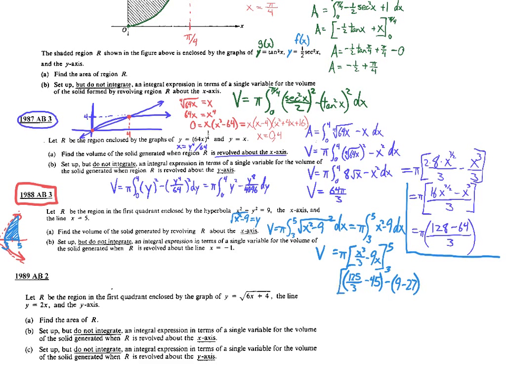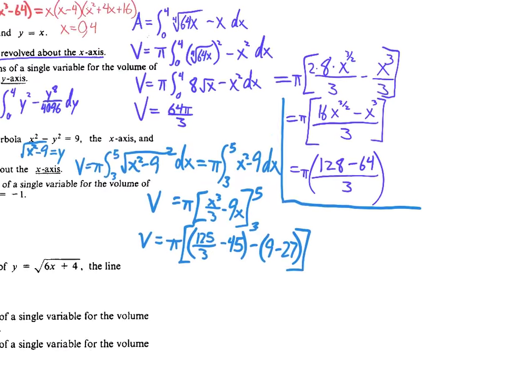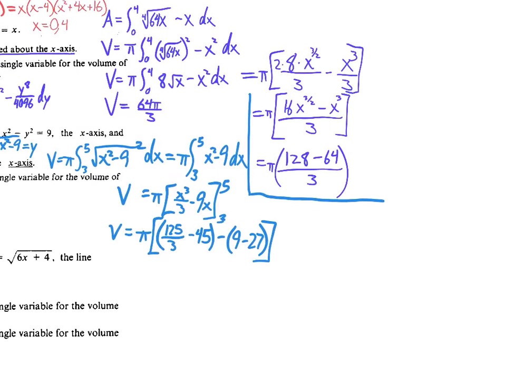I'm going to multiply all this by pi. When I simplify all of this, I get 41 2/3 minus 45, so it's a -3 1/3, plus 18, so that's going to be 14 2/3 pi. So that is the volume of that solid.